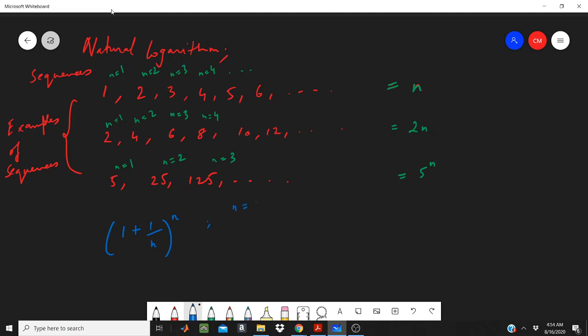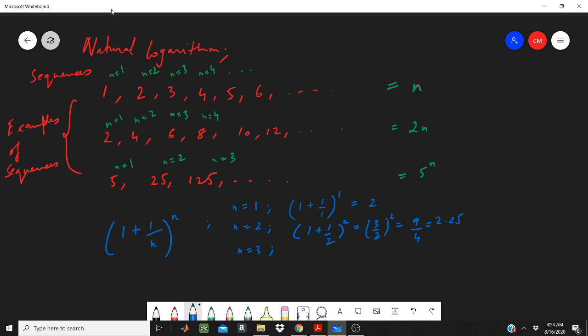When n equals 1, you get (1 + 1/1) to the power of 1, which is just 2. N equals 2, you get (1 + 1/2) to the power of 2, which is (3/2) squared, which is 9/4, that's 2.25.